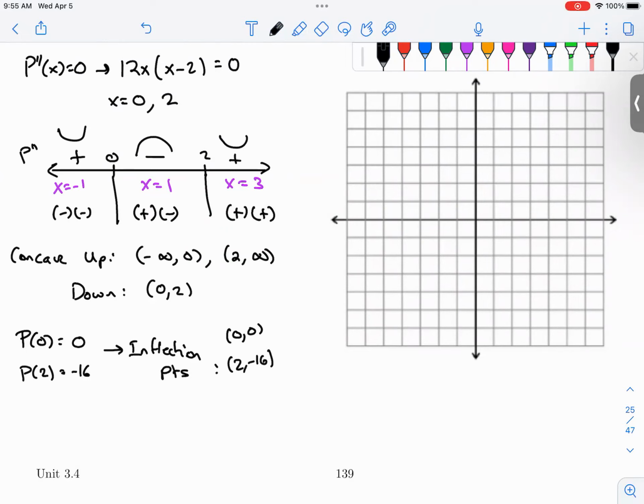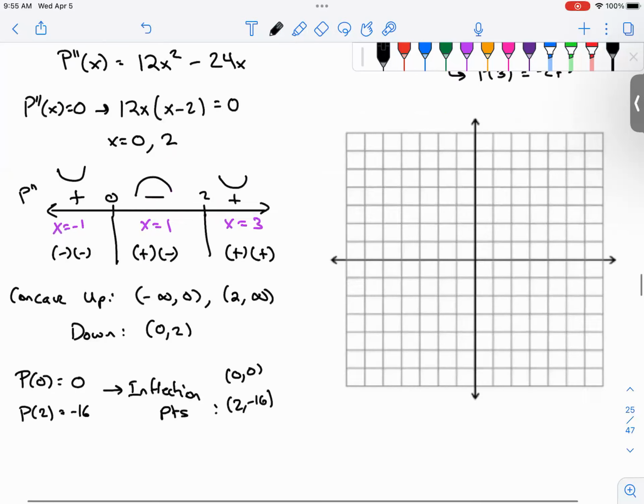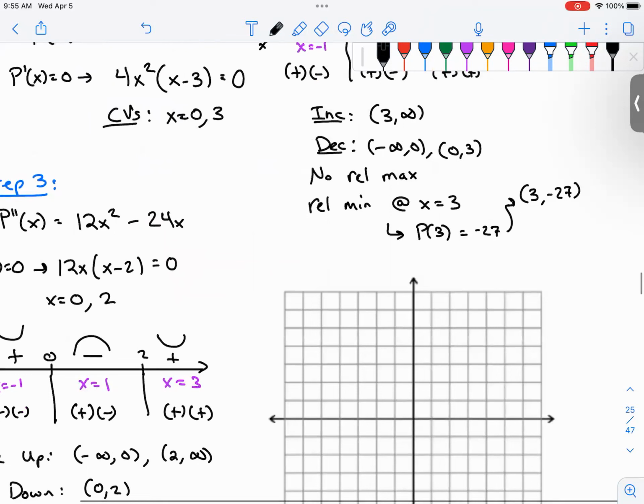So notice that the inflection point is (2, -16). That is really, really low. That's a lot of tick marks. So we're going to make each vertical tick mark worth, let's say 5. And that also is further confirmed by the fact that we have a relative minimum at (3, -27). So we're going to need to have our bottom at least go to like negative 30.